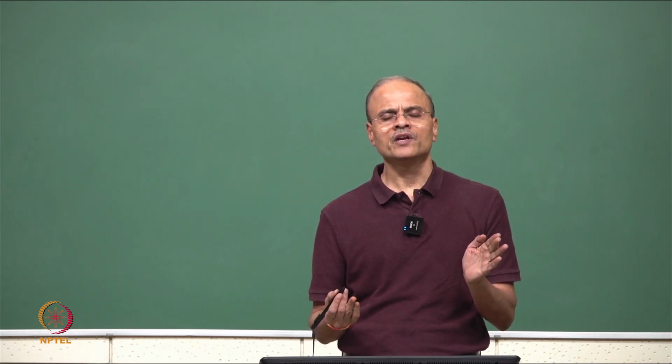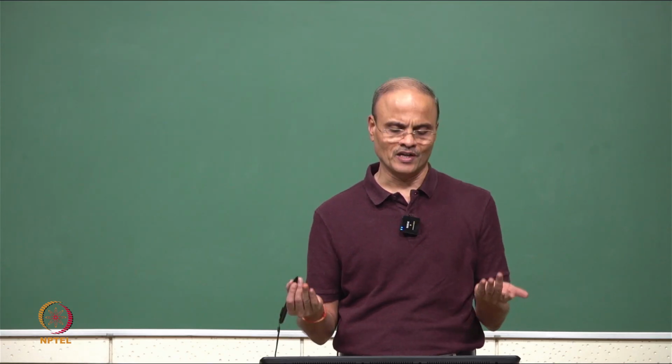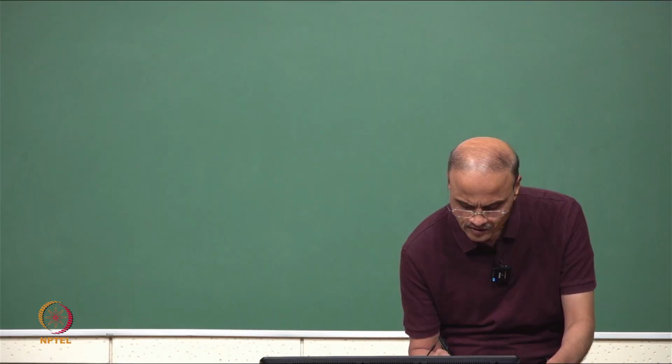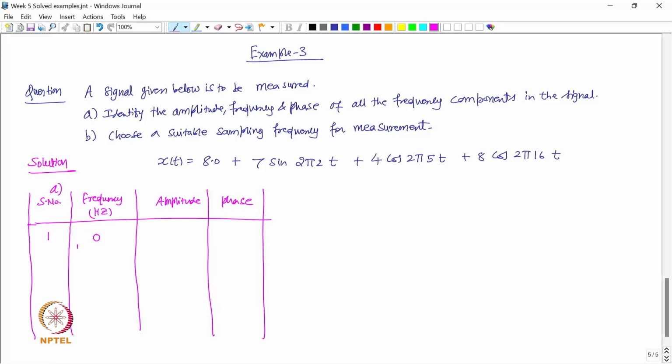So, this component varies after infinite length of time, that is how it can be interpreted. The amplitude of this component is 8 and the phase of this component is 0. So, that is the first component.